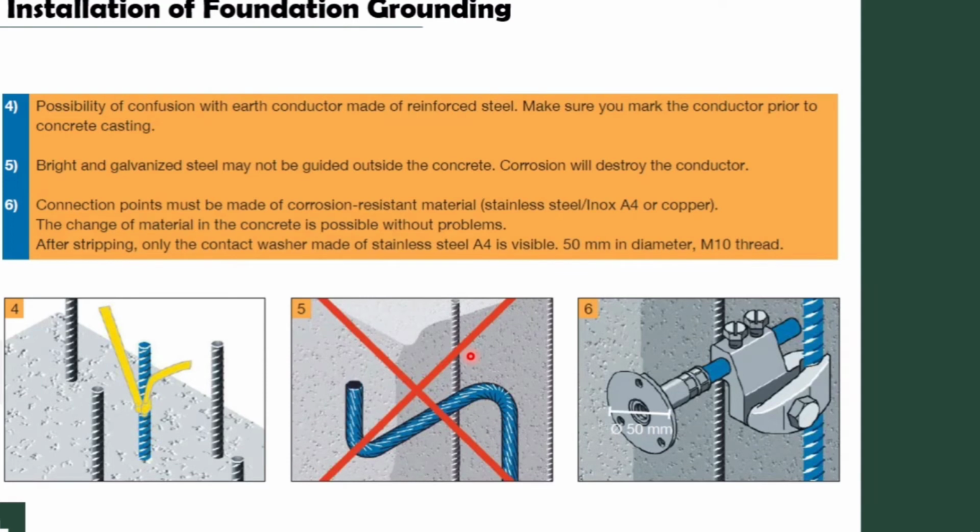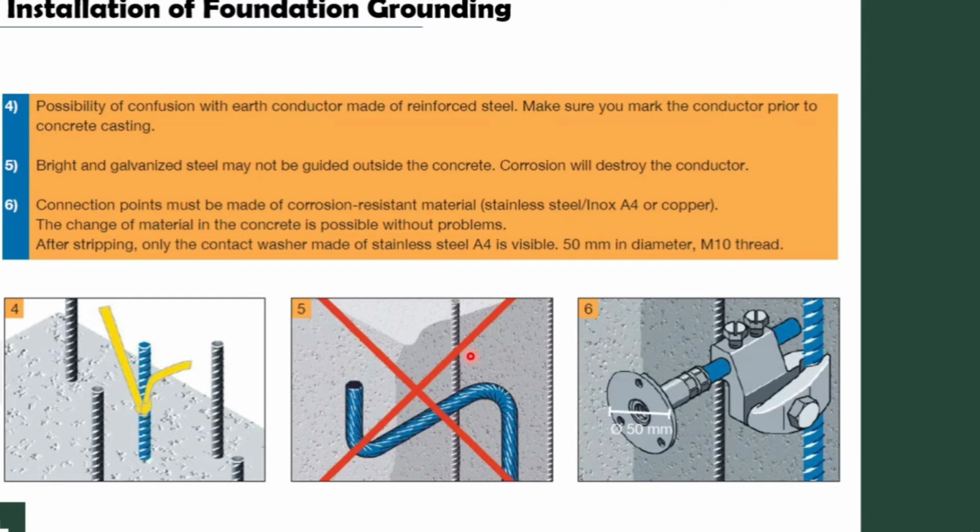And number 4, the possibility of connection with an earth conductor made of reinforced steel. Make sure you mark the conductors prior to the concrete casting. Number 5, the bright and galvanized steel may not be guided outside the concrete. The corrosion will destroy the conductors.